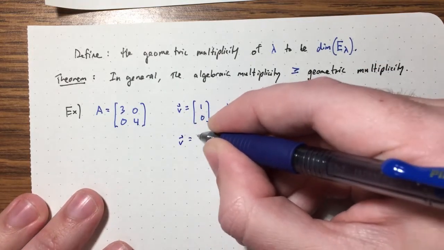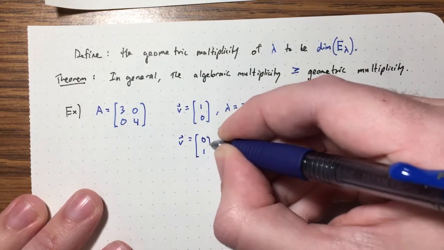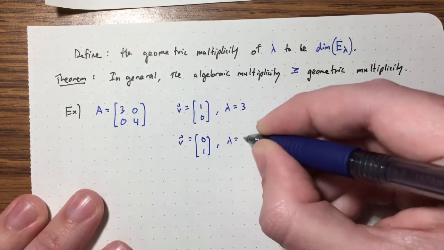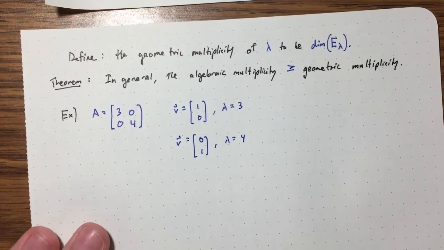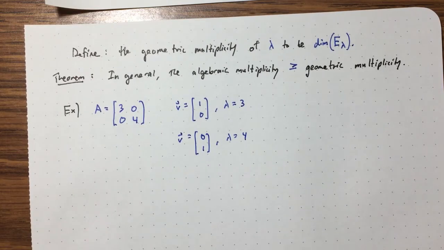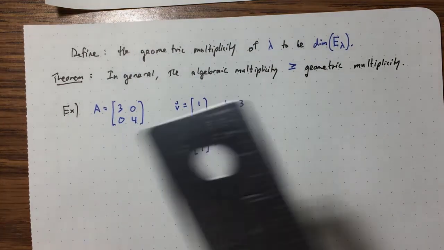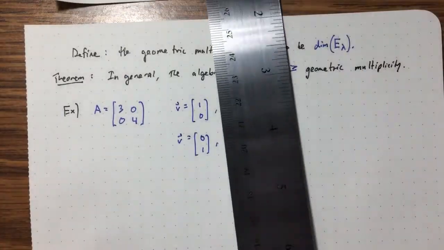And there's another eigenvector. What is it? Well, of course, it's 0, 1, because that just gets multiplied by 4. Are there more eigenvectors, by the way? Well, sure. 2, 0 is an eigenvector as well.